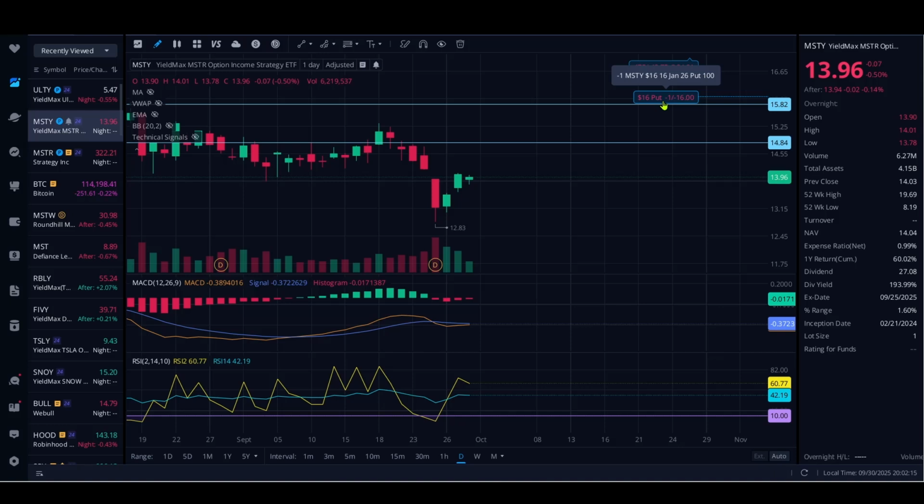to move on up by the end of this year, then MSTY should move on up. And I'm hoping that a $16 put will just expire worthless. In other words, MSTY will be above $16 by the mid part of January, and therefore I will not have to purchase 100 shares at $16 each, right?